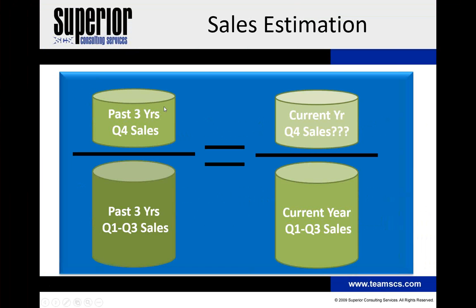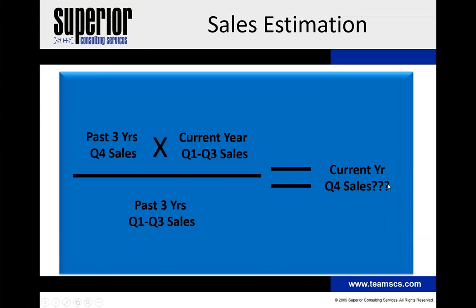So we're going to take the past 3 years of sales in Q4 as a ratio to the past 3 years sales in Q1 through 3, and say that that's going to be equal to our current year Q4 sales, which we want to solve for, over our current year sales for the first 3 quarters of the year.